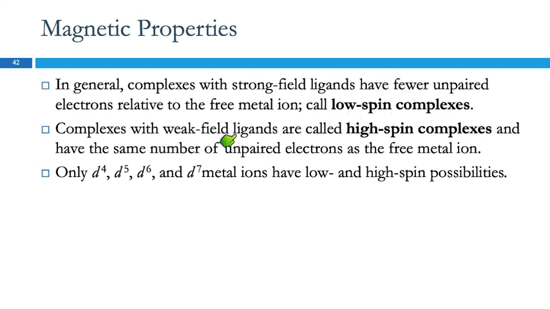Weak field ligands are called high spin because they end up having the same number of unpaired electrons as the free metal ion does. Not all metal ions have this high spin, low spin possibility. The metal ion has to have d4, d5, d6, or d7, 4, 5, 6, or 7 electrons in the d orbitals, in order for that to happen.